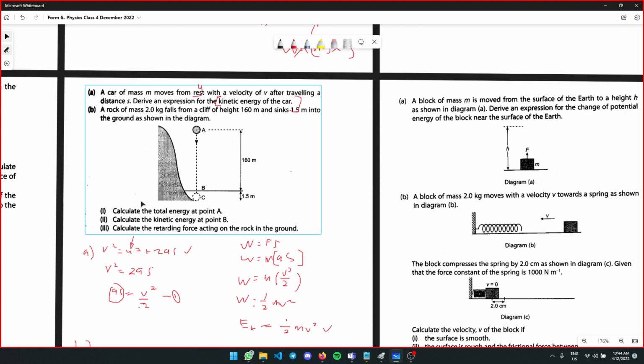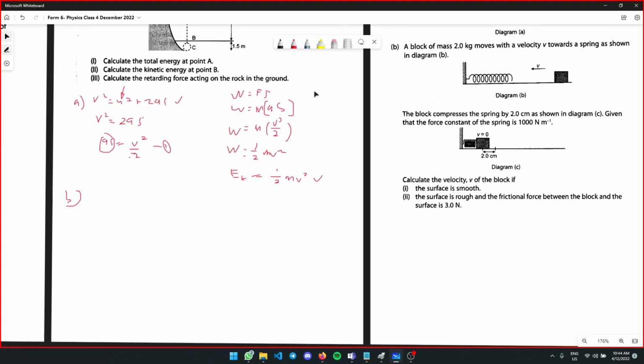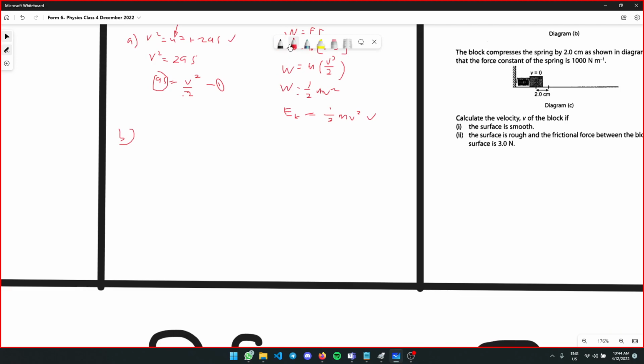Okay. So they also ask, calculate the total energy at point A. Remember, the total energy at any point for any object is always the sum of its potential component and its kinetic component. So you can always say that at point A, it's equal to the kinetic energy plus potential energy.